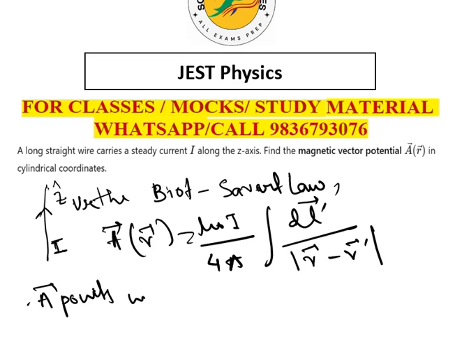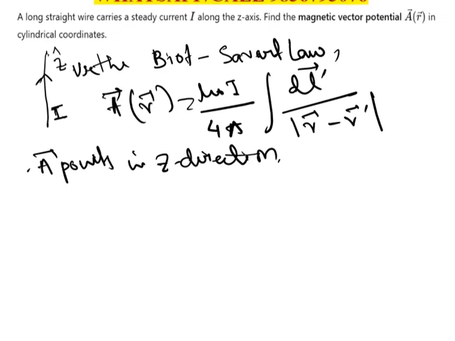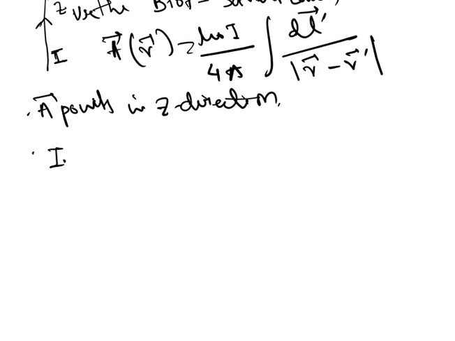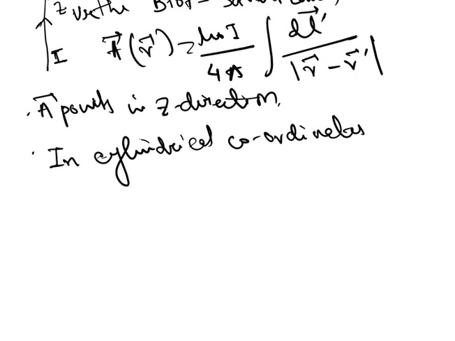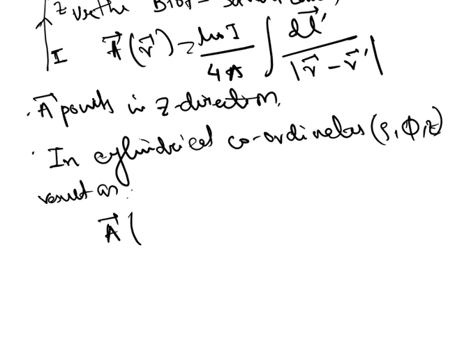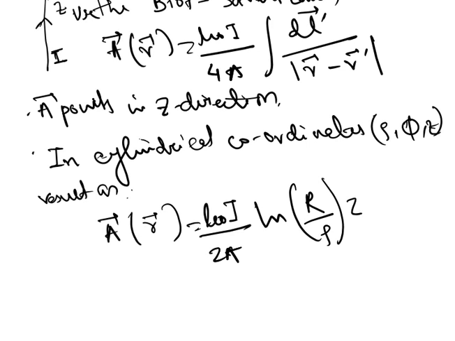In cylindrical polar coordinates, we can write rho, phi, Z. The result we can write as A, which is a function of R vector, is equal to mu 0 I by 2 pi into ln R by rho into Z cap.